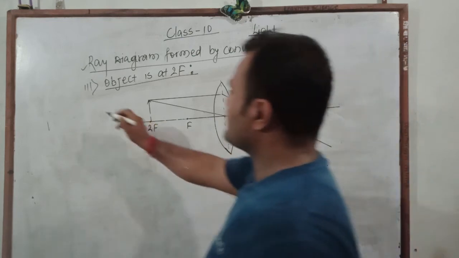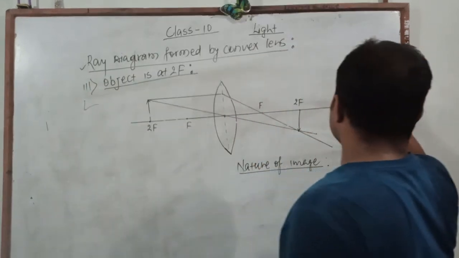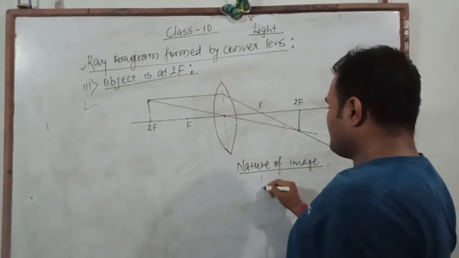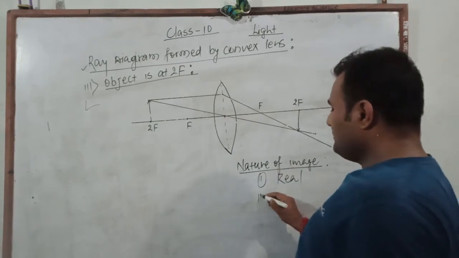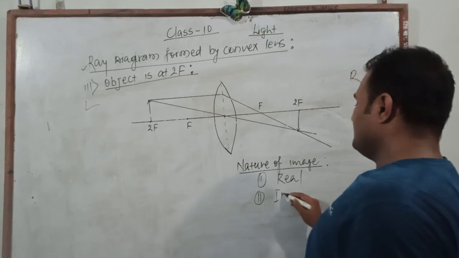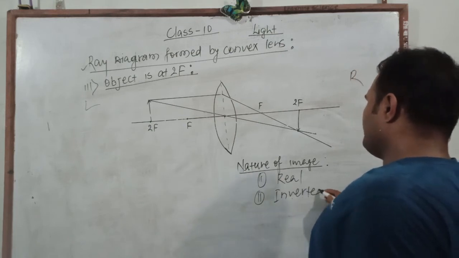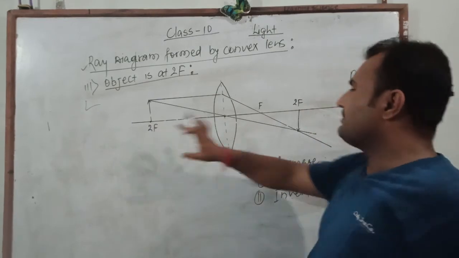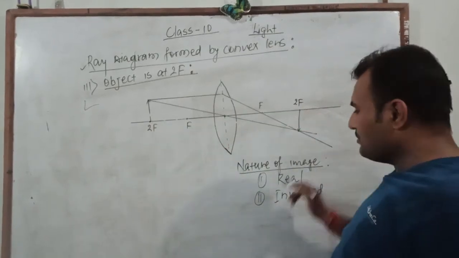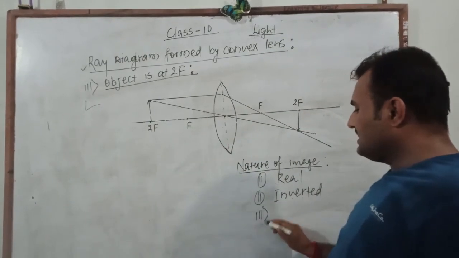The object is towards the left, and the image is formed on the right side of the lens. Therefore, first, it is real. A real image is always inverted. Third, the object is at 2F and the image is formed at the same position, at 2F.